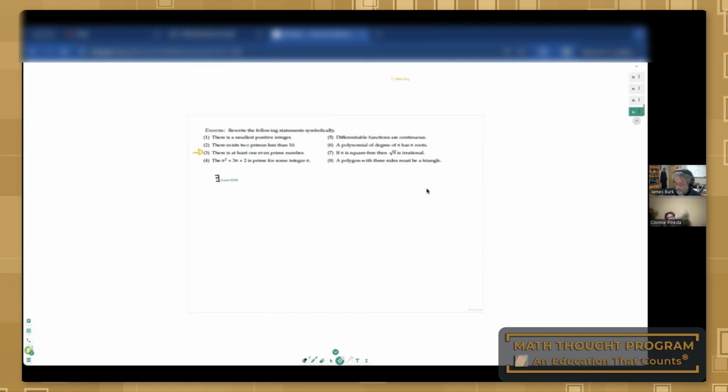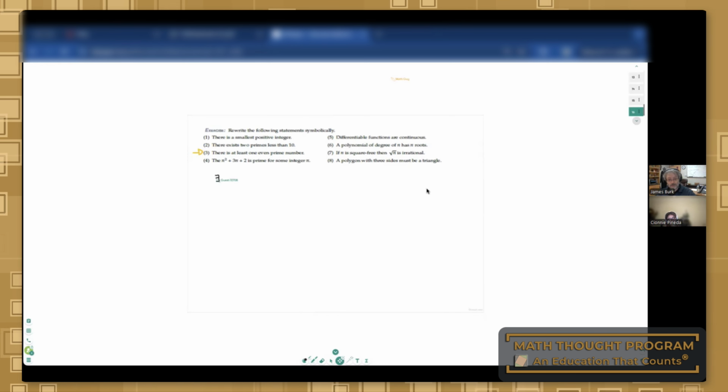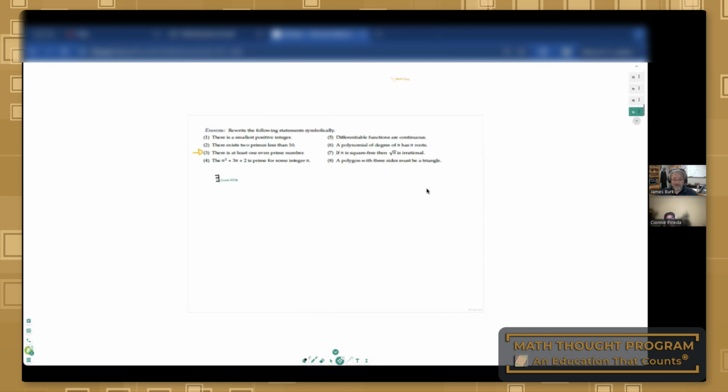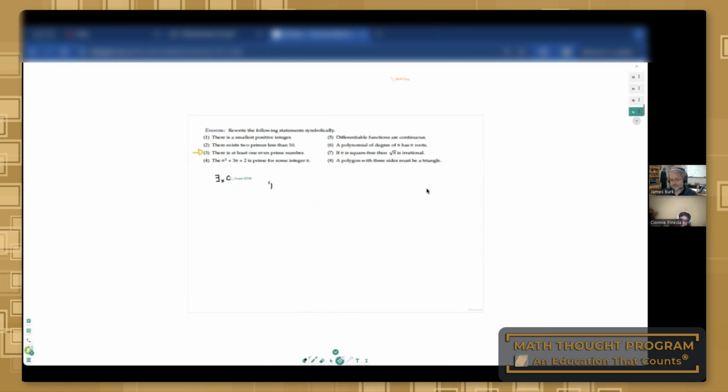Okay, and prime numbers, are they found in the set of rationals or the set of integers? Integers. Okay, so let's make sure we know we're looking inside the set of integers then. So you can say there exists maybe an n or an x, whatever you like, inside integers.